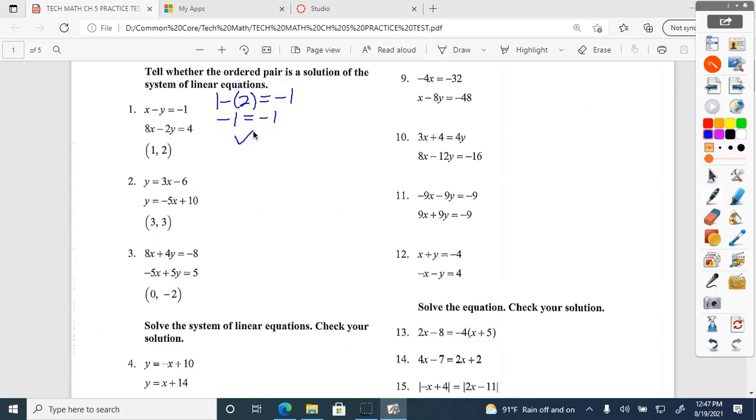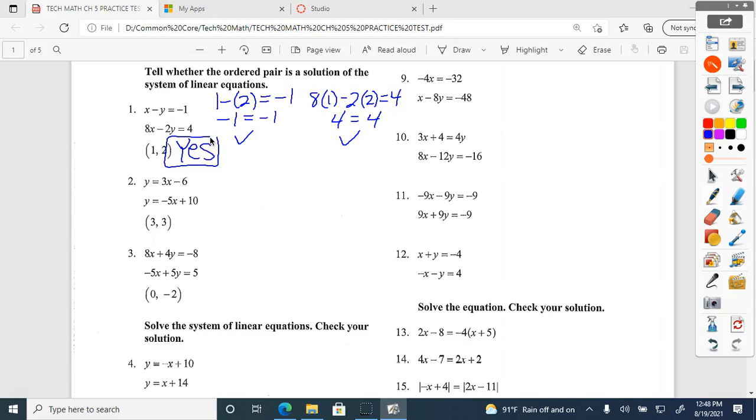And for this one, 8 times 1 minus 2 times 2 is supposed to equal 4. So that is 8 minus 4. That is 4, which does equal 4. So 1, 2, that one is a yes. Any questions on how to do that? Everybody good? Okay, your test will look just like this tomorrow.